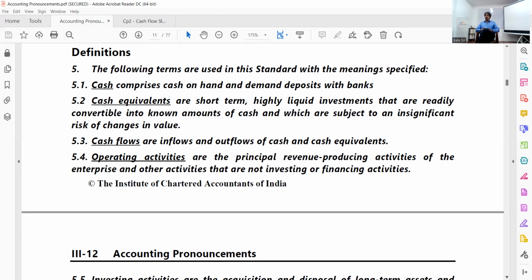Okay, so please write a heading: examples of financing activities, FA, financing activities. Right under that, point A: issue of equity shares and preference shares.